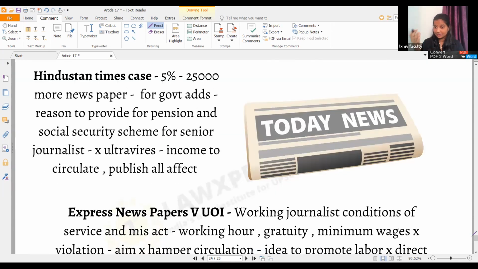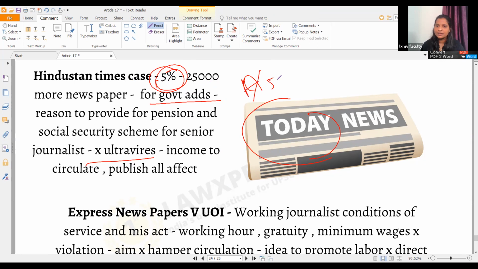We saw that fixing the number of pages of a newspaper violates your freedom of press. Now, whether an allowance for government ads in the newspaper violates your freedom of press? Yes, the court said it is ultra vires. In this case, the Hindustan Times case, for publishing any ad you must pay some amount, right?